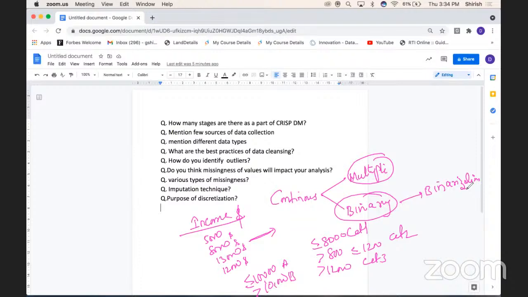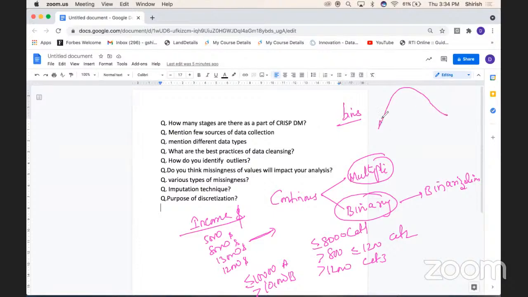Sometimes when we discretize, we even try to fit it to binning, reducing the impact of very, very small fluctuations in the data also. Sometimes the graph could not always be a very nice graph.